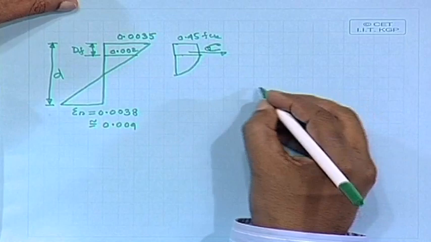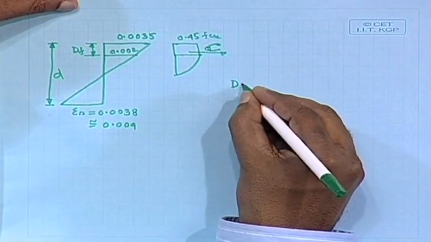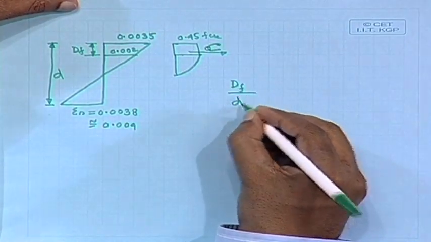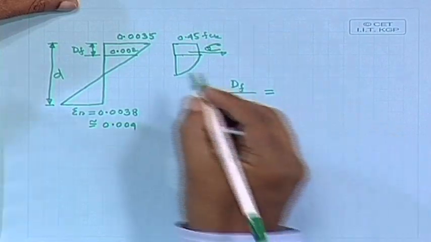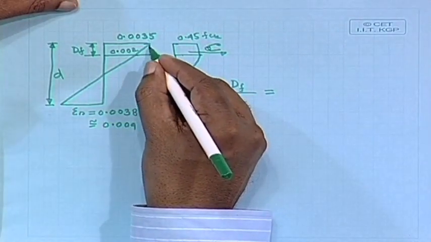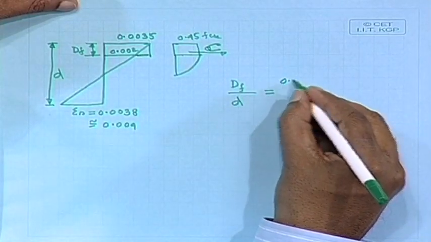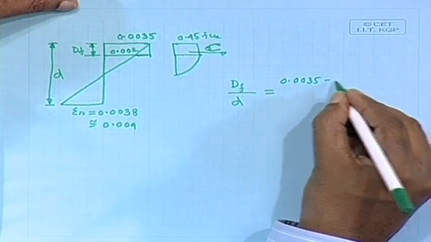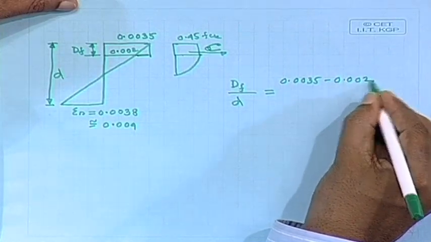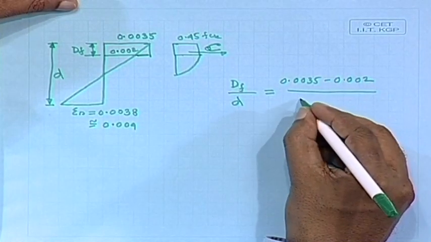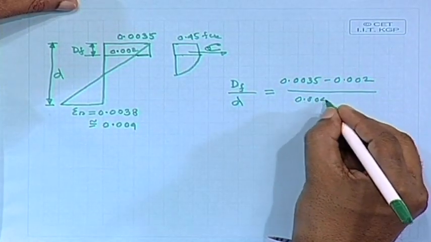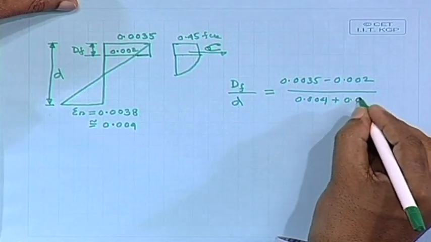So, our question is what should be the depth of the slab. We can write dF by d will be equal to 0.0035 minus 0.002 divided by 0.004 plus 0.0035.